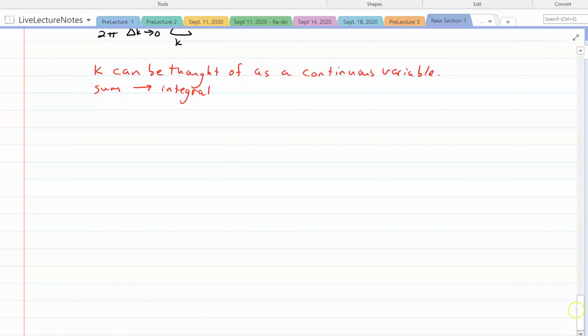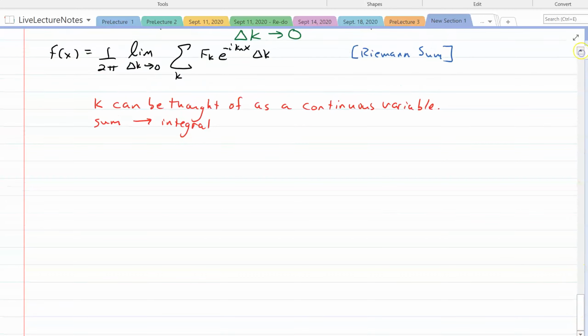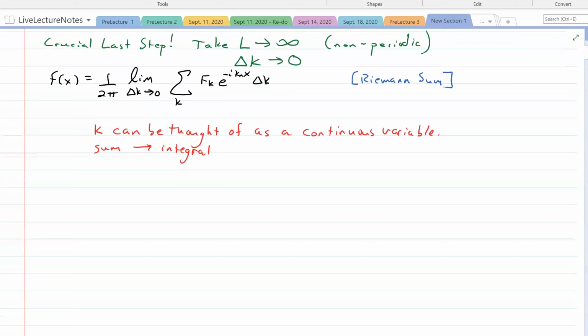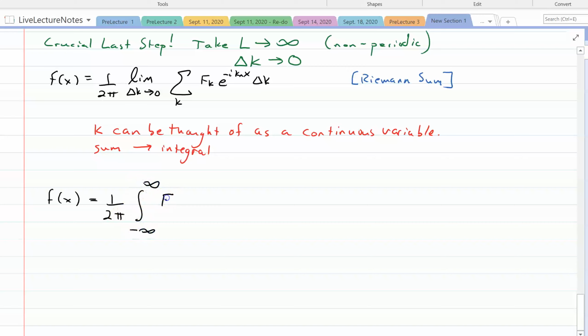And so I have finally f of x is equal to 1 over 2 pi integral over all values of k from minus infinity to infinity, F of k, because now it's a continuous variable, so I'm thinking of my F as not a set of numbers but actually a function for any value of k, e to the minus i k x dk, right?